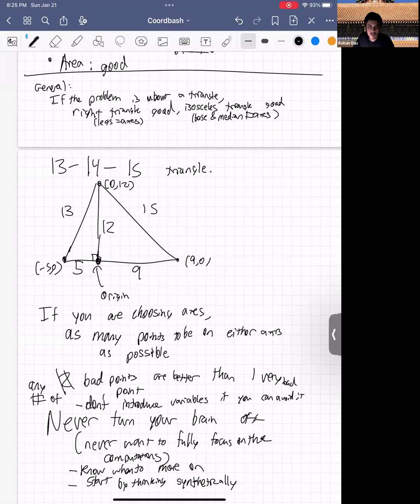And I say this if there's something like you can't explicitly compute a point, but you know it has to satisfy certain properties. So you let the point be (a, b), and you write out a system of equations for the properties it satisfies, and you try to work with that. This is almost always too messy to work with.